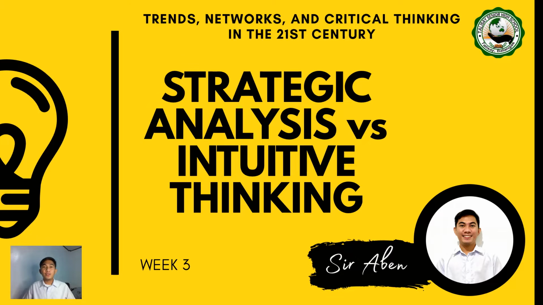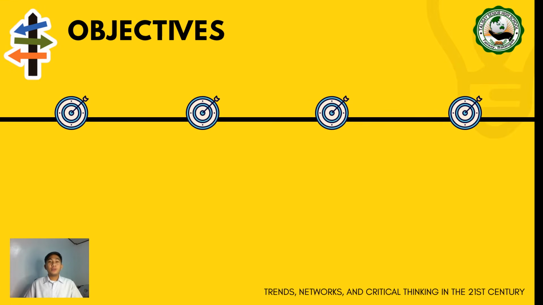For today's video, I am going to discuss strategic analysis and intuitive thinking. Just like the previous topic, we are going to compare these two concepts and analyze their differences. But before that, here are our objectives for this week.